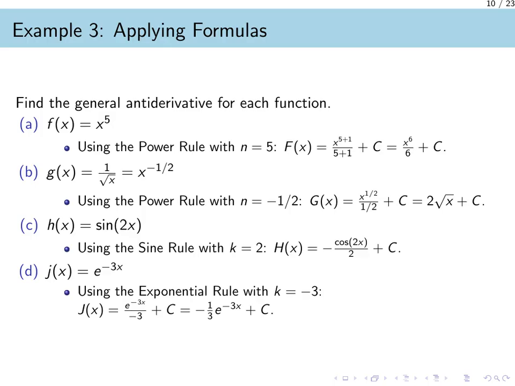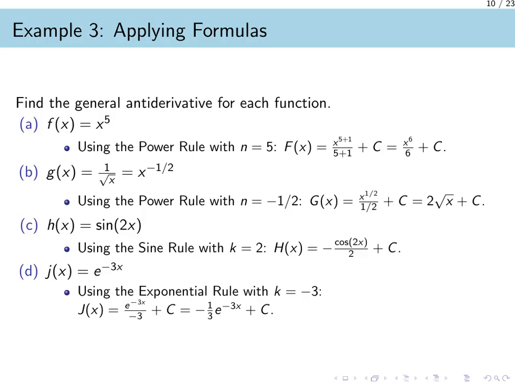Let us put our new formulas into practice by finding the antiderivatives for a few common functions. For x to the power of 5, I will use the power rule. We add 1 to the exponent to get 6, and then divide by that new exponent, giving us x to the power of 6 over 6 plus c.